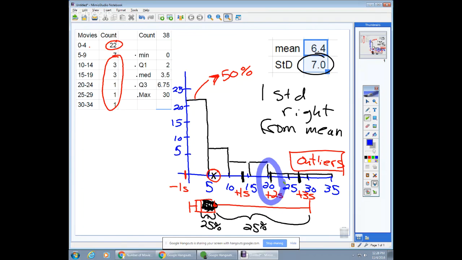So that was around 20.4. So anybody that watches, according to this data set, 21 or more movies, that's unusual to find people that watch that many movies a month according to our data, okay? So some of the people I interviewed are unusual compared to the rest of the group I interviewed. More than 2 standard deviations away, yeah, that makes something an outlier.